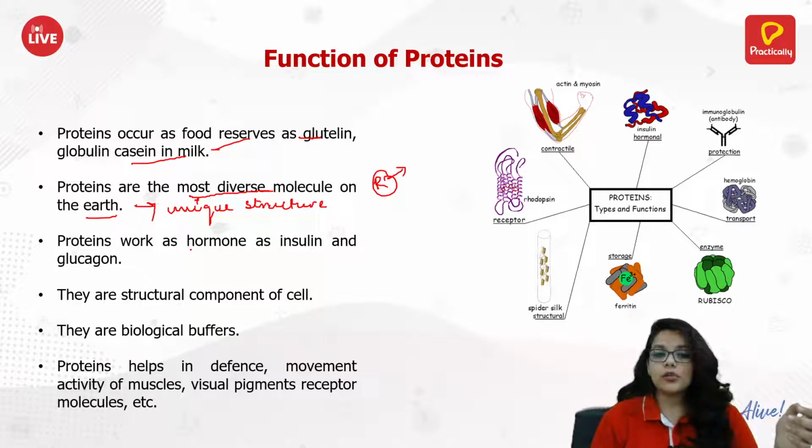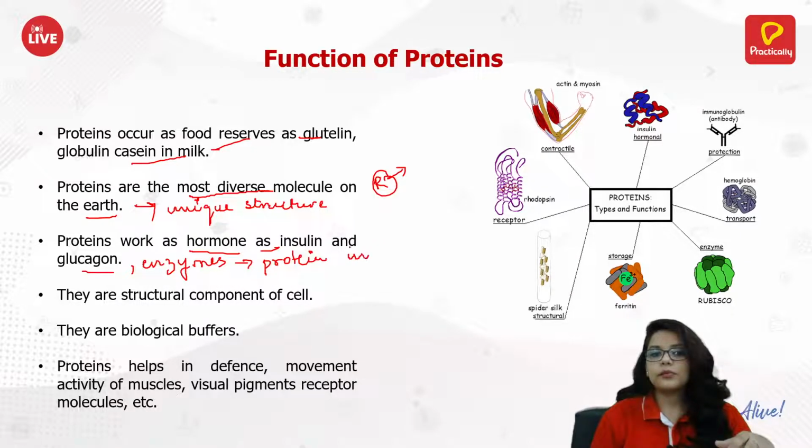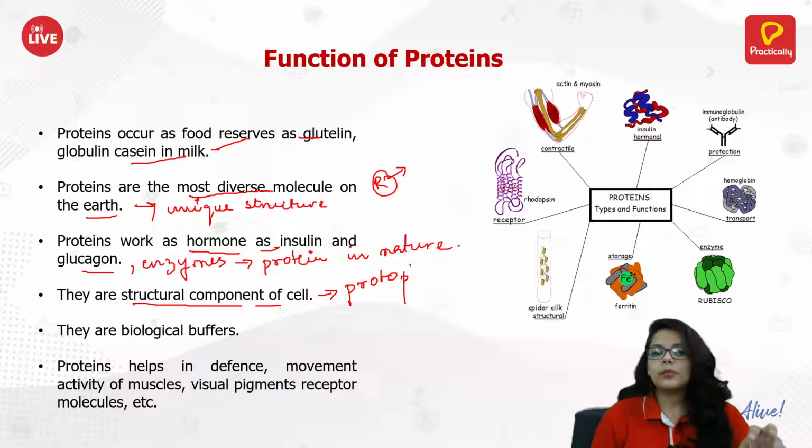Proteins work as hormones, such as insulin and glucagon. These hormones are proteinaceous in nature. Even enzymes, the enzymes which we have in our body, are also proteinaceous in nature. They are a structural component of the cell, because a majority of the protoplasm is made of protein.